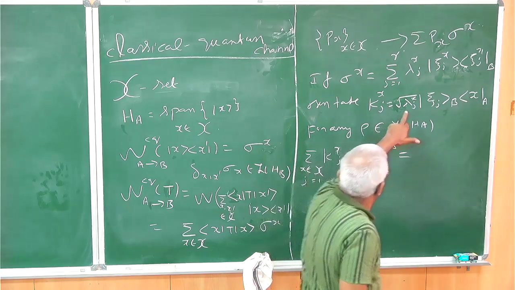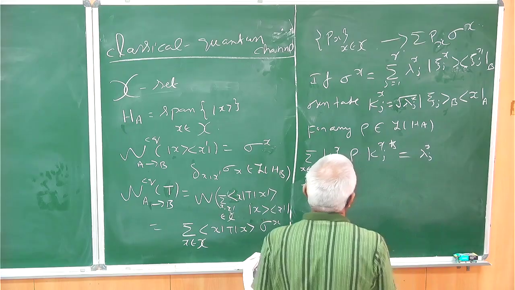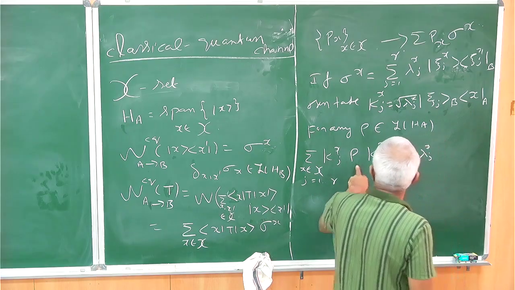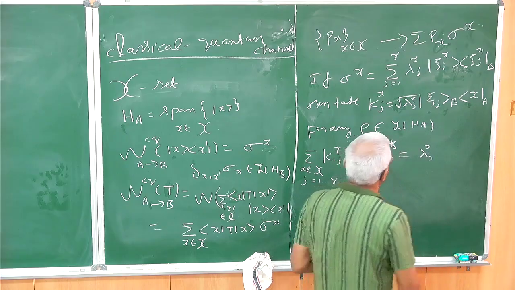So you get two times this, and it will become lambda_xj. Then the xi_xj will be there, so it will take the inner product. This will be hit by x and two times x.